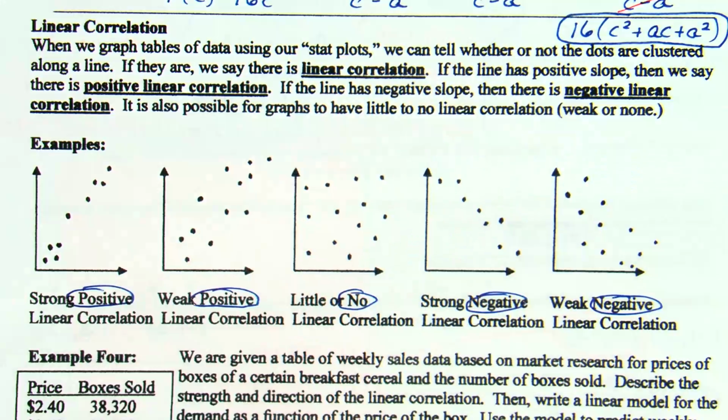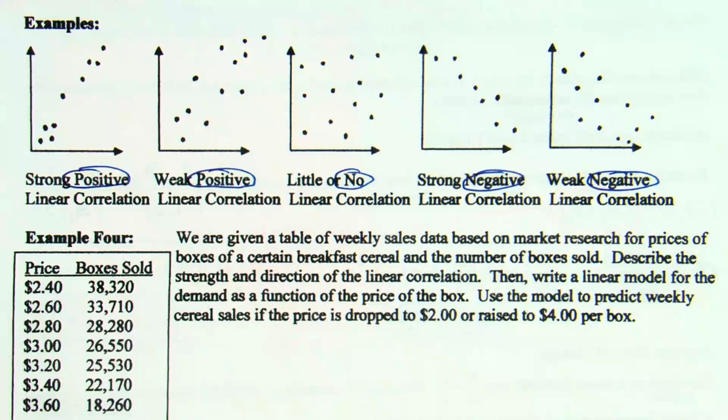You click stat, which is right there, 2 over from alpha, just to the left of your arrow pad. It brings up this screen that you can't see. There we go. Edit, calc, and test.